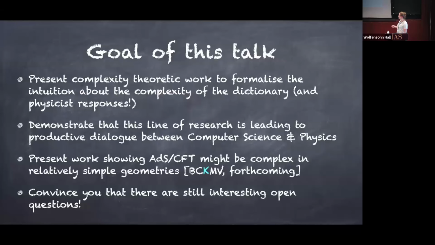I'm also going to present some upcoming work showing that ADS-CFT might be complex to compute in relatively simple geometries. And the goal of this upcoming work isn't to end this line of questioning. It's really a piece of work that we think leads to many more interesting open questions. So hopefully I'll convince you that there's lots of interesting stuff to work on in this area.